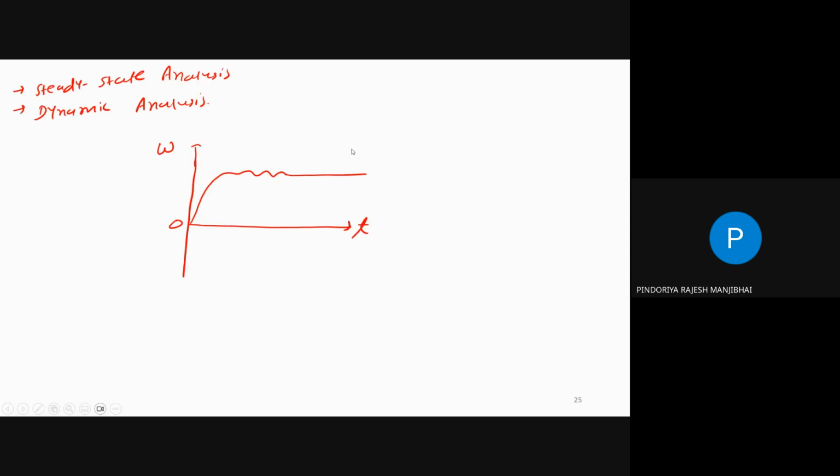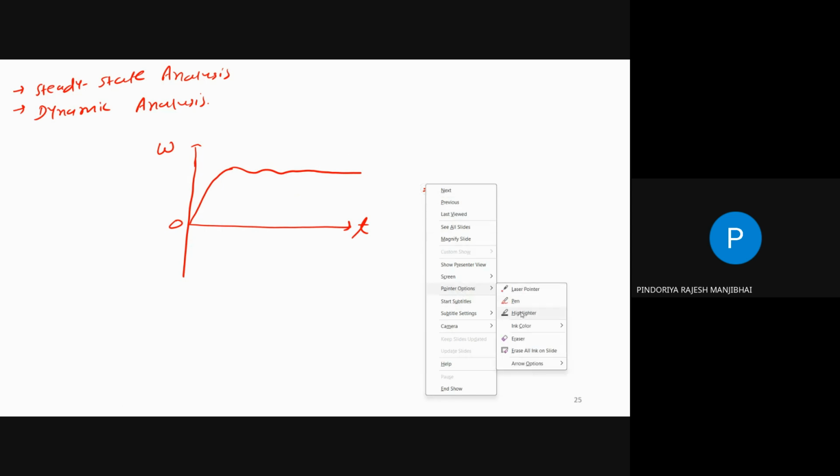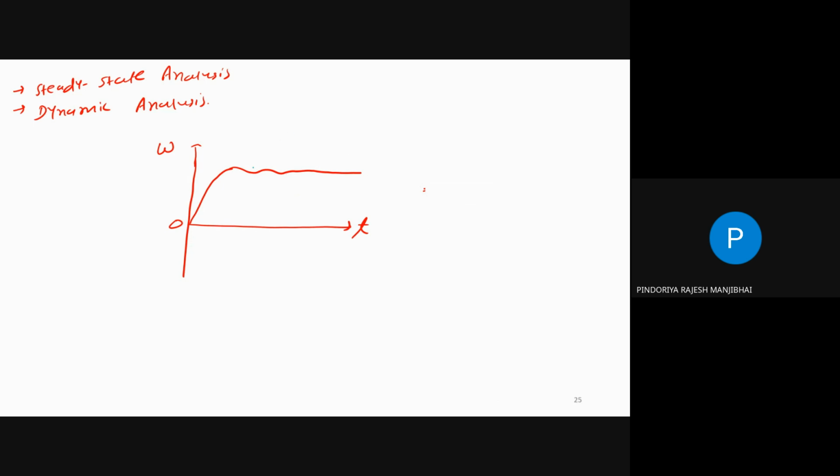Otherwise, I can say, suppose this is a speed response for the DC motor, correct? So we can say this region. What is the name of this region? Yes, any student, what is the name of this region?